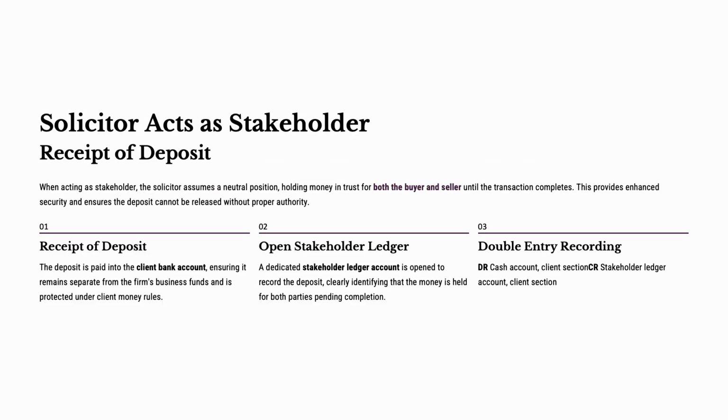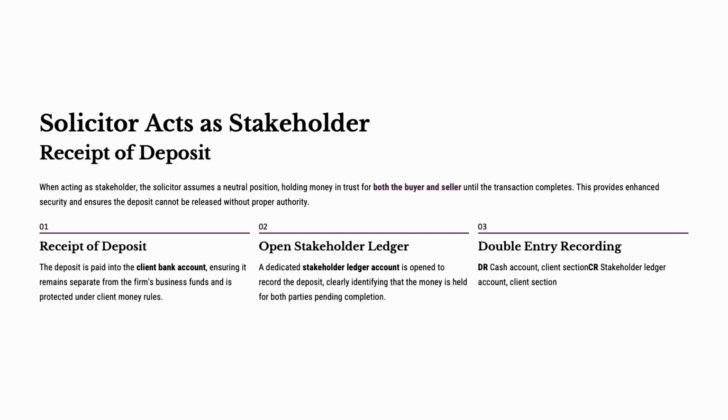So the next thing is solicitor acts as stakeholder. Receipt of deposit, how to do it. When acting as a stakeholder, the solicitor holds the deposit for both parties until completion. The deposit is paid into the client bank account, and a stakeholder ledger account is opened.